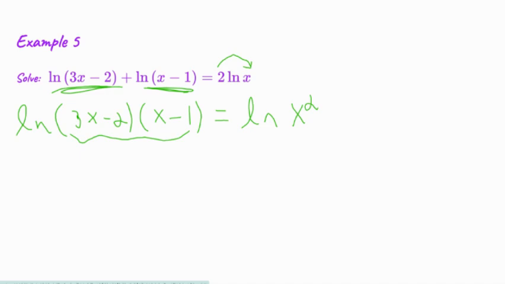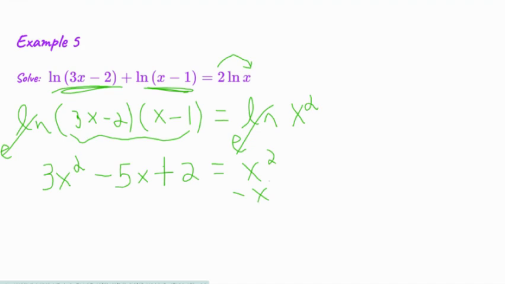Why can you do that? Well, like we did in the previous problem, just take the base of the logarithm as the base of the new exponential, and they effectively cancel out. So we get 3x squared minus 2x minus 3x, that's minus 5x, and then plus 2 equals x squared. And then you can probably see where we're going from here. Subtract x squared.